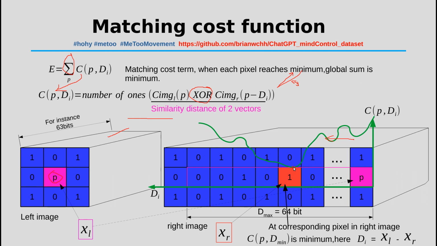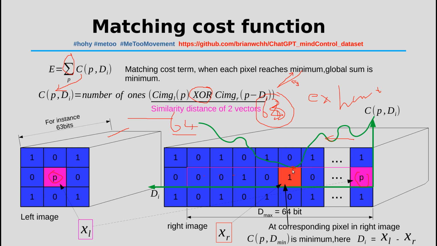By matching 63 neighbors, you search one by one, exhaustive searching to the left. Remember, the maximum disparity is 64. So we have 63 neighbors to search, exhaustive search.